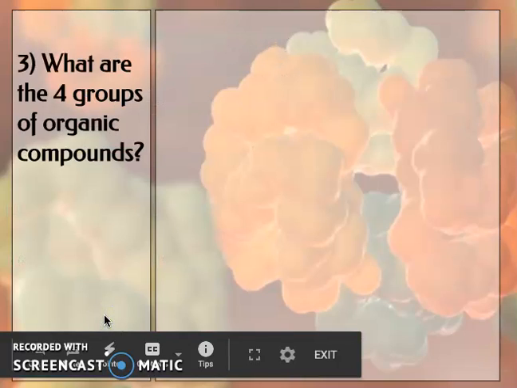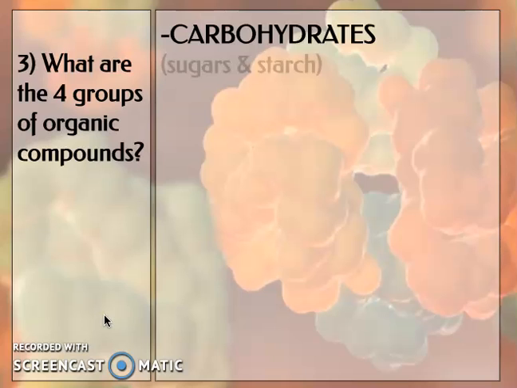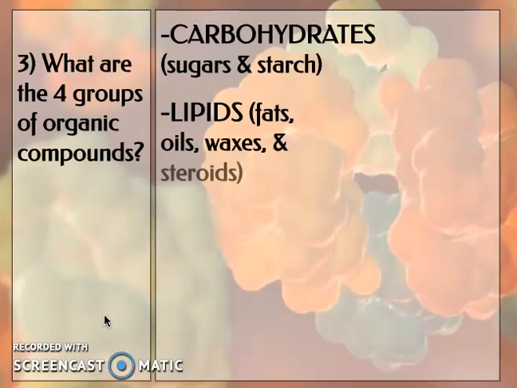Now, there are many organic molecules that make up life. They all contain carbon, hydrogen, and oxygen, and some of the other materials. There are 4 major types of organic molecules. So all the molecules of life can be broken into 4 categories. Carbohydrates, which are things like sugars and starch, provide cells with energy.